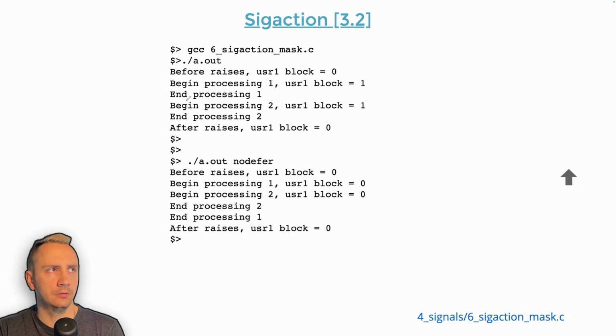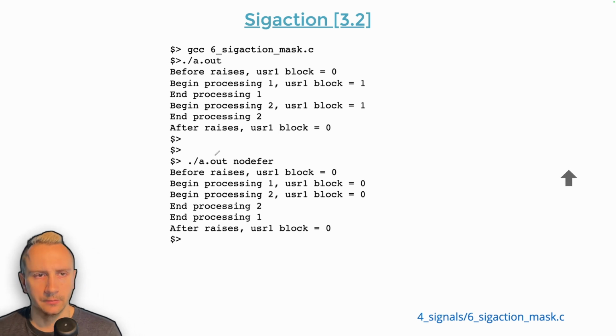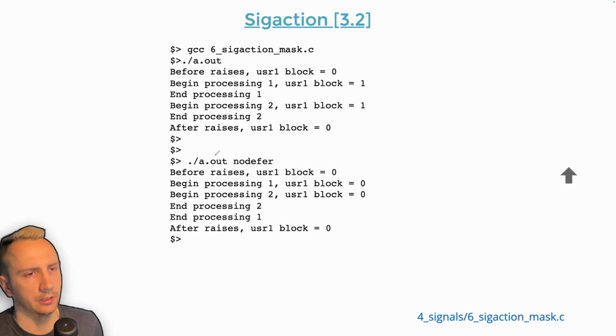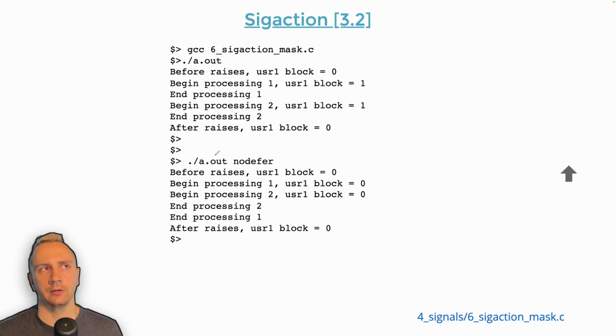And then it is invoked a second time to handle the raise. So the signal handler did not handle the second signal recursively, which is what we would expect from default behavior. And we can see that it was blocked during this time.